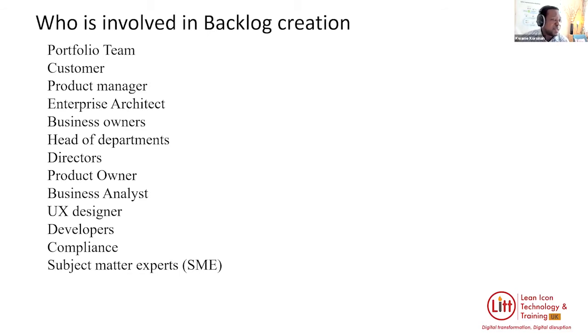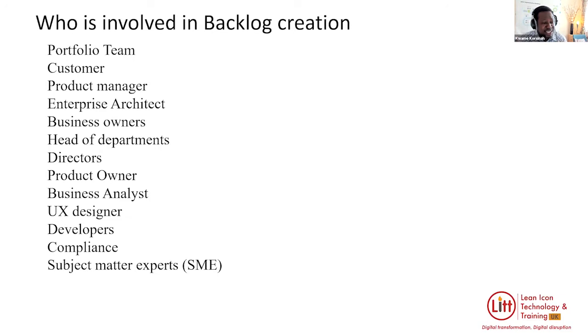So we don't expect all these people to be inputting immediately. They will input into the product backlog at different stages. At a portfolio level, you get a portfolio team, and then you get the enterprise architect, the business owners, and some members of the finance team inputting into the product backlog.